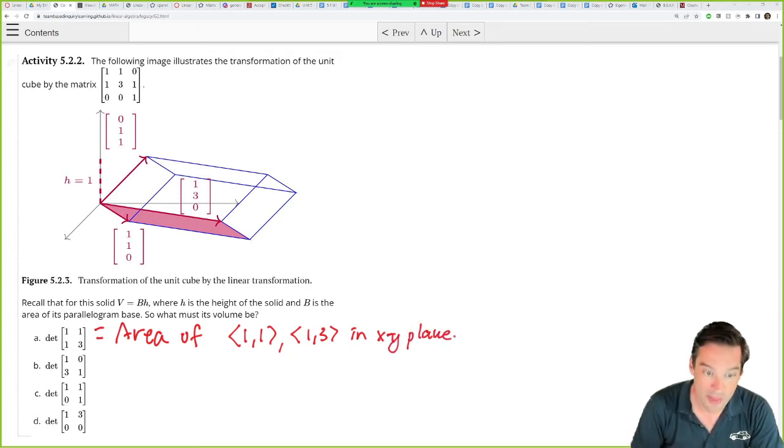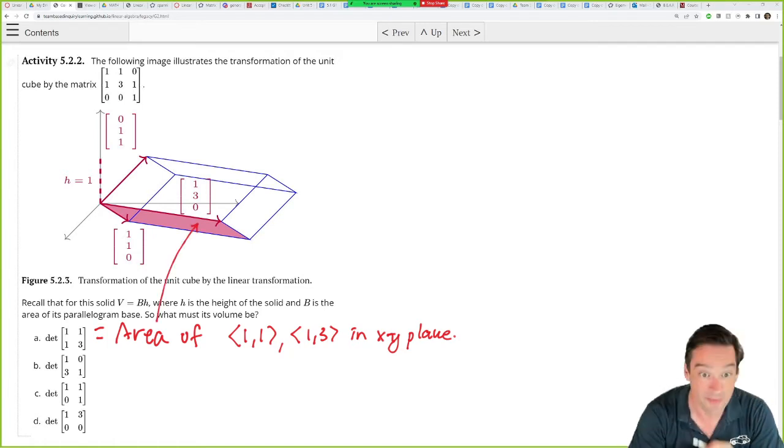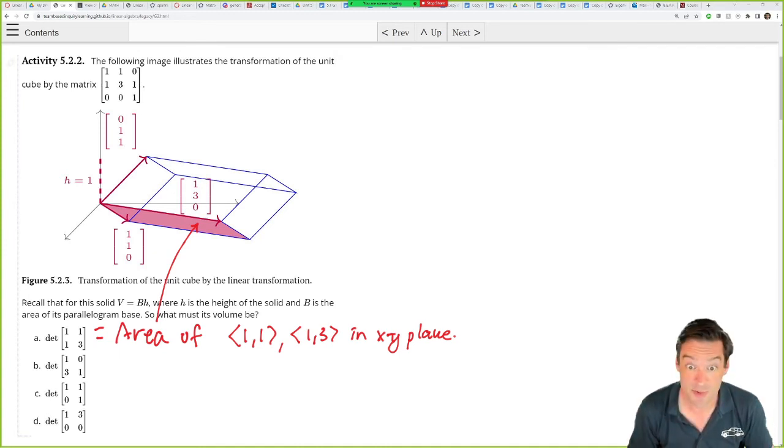But after all, that area in the xy plane is exactly this red shaded area, because that red shaded parallelogram actually resides in the xy plane.